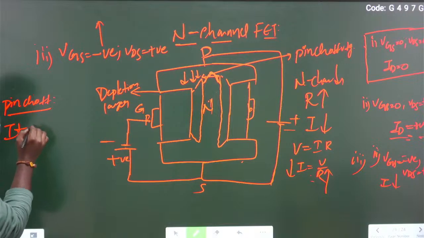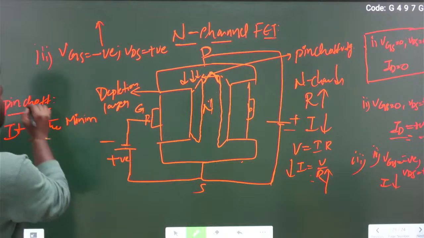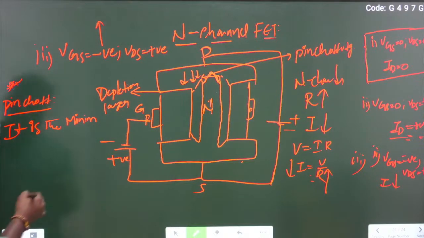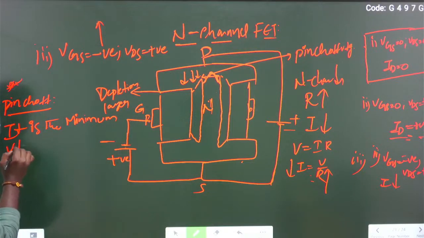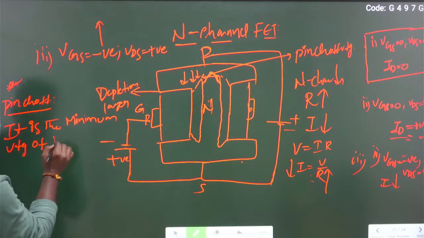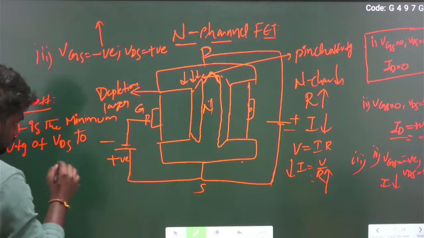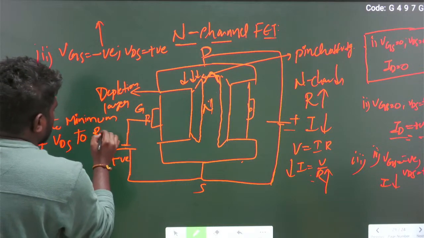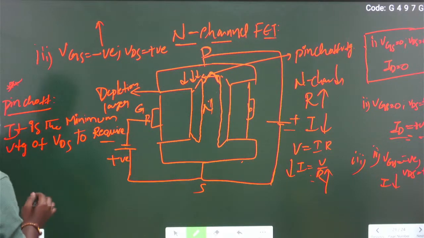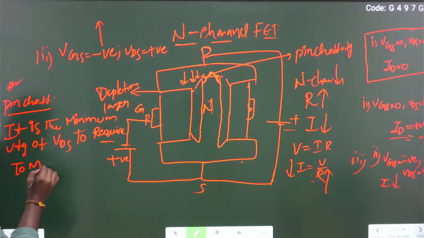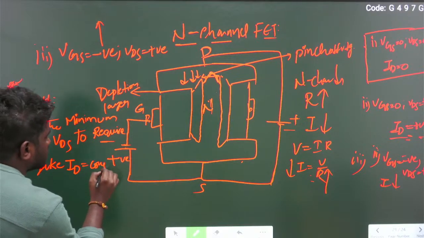This is a very important definition for the exam. Pinch off voltage is the minimum voltage of VDS required to make the drain current constant.